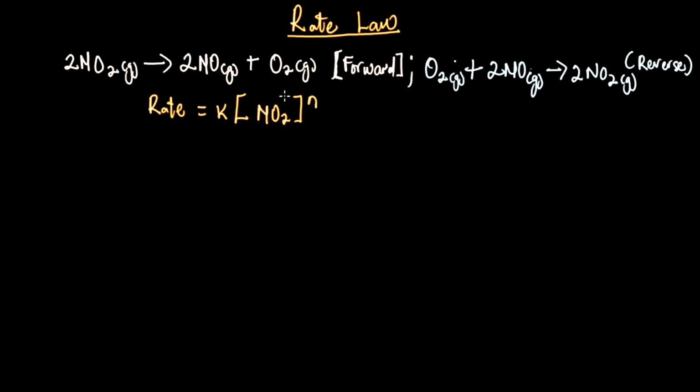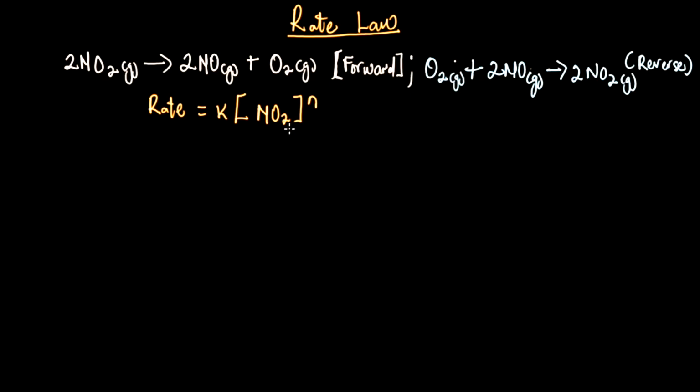So this is the forward reaction, and let's say this is the rate expression here. Such an expression shows how the rate of a reaction depends on the concentration of the reactant.